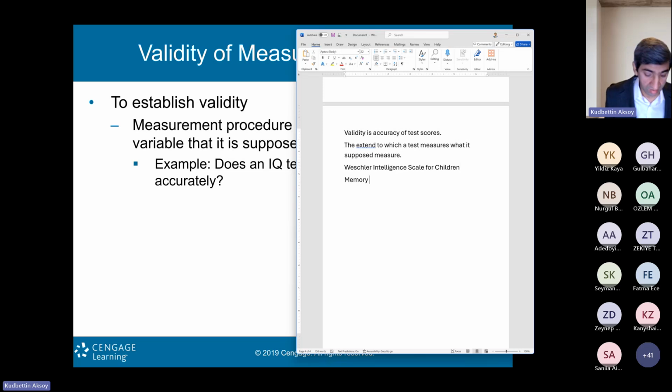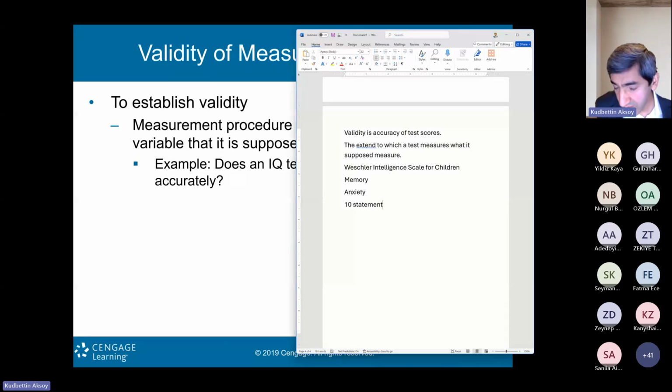Even something less concrete, like anxiety. When we are interested in measuring a person's anxiety, we will give them a Likert scale, and you can Google anxiety scales. You will see many examples. In this instrument, let's say there are 10 statements, for the sake of argument.